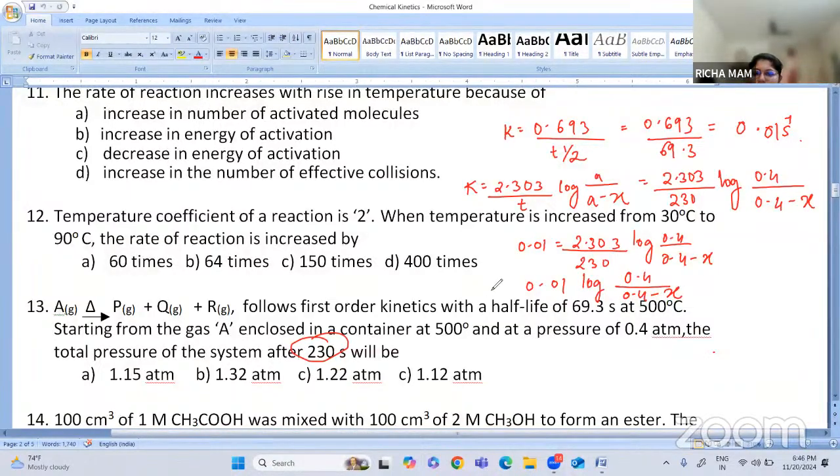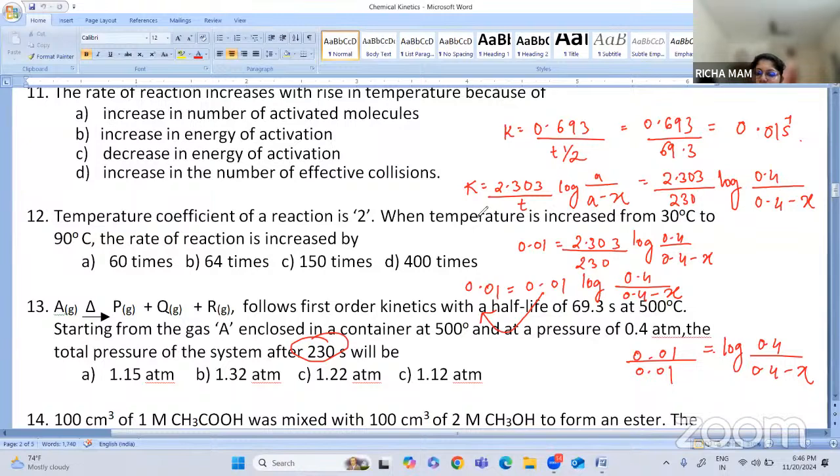So 0.01 is equal to, if you transfer this 0.01, how much will it be? 0.01 by 0.01, which is equal to log of 0.4 by 0.4 minus x.